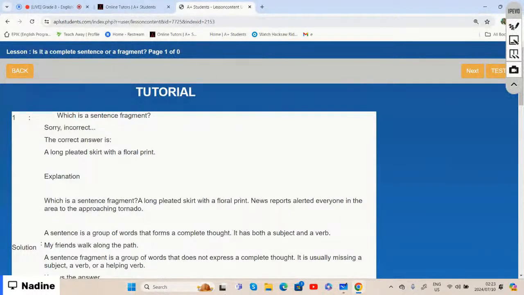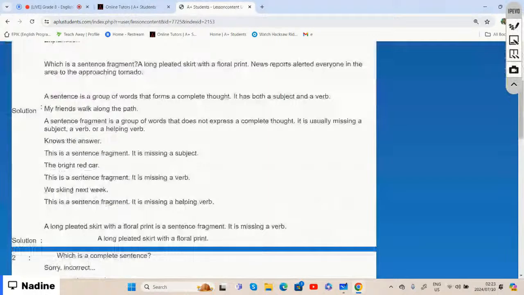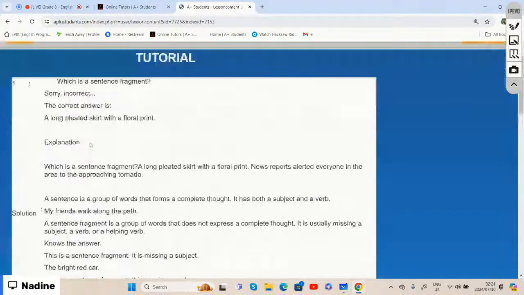All right. So I'm not going to go over what a sentence and a fragment is again because I went over it about 3, 4 times already. So let's look at the sentence. It says, a long pleated skirt with a floral print. Or news reports alerted everyone in the area to the approaching tornado.